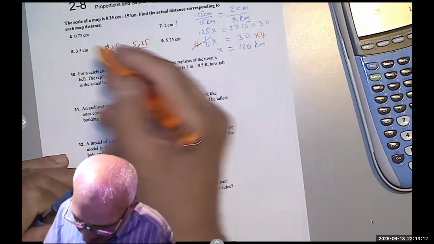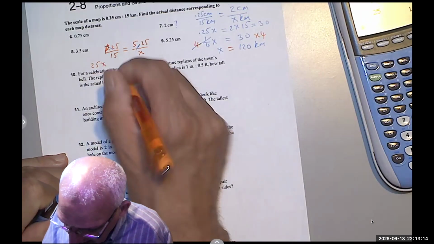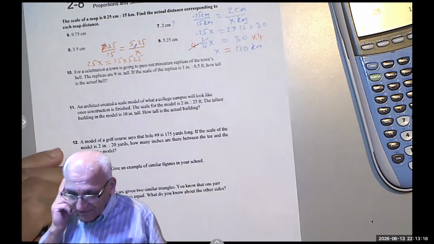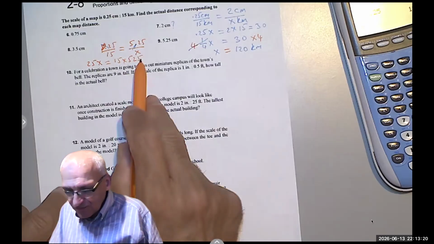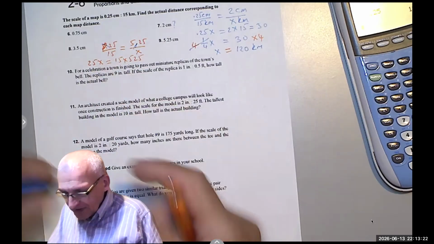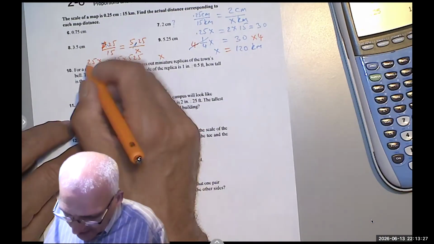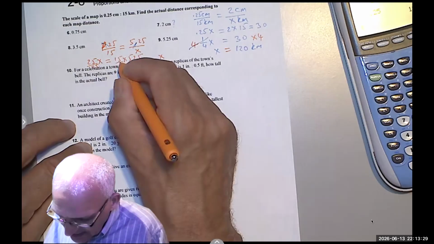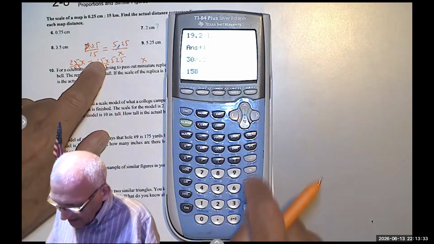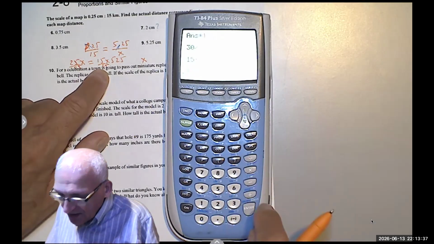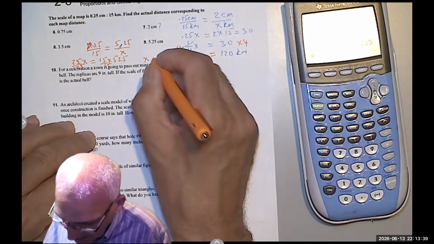And I can say 25x equals 15 times 525. In fact, this over that is 21. You should get 315 as x. But I'm going to divide by 25 both sides and use my calculator and say 15 times 525 over 25 equals 315 kilometers.